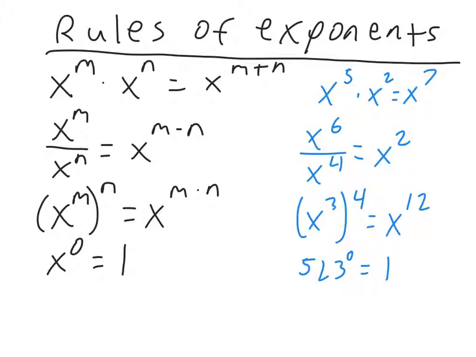Then let's say we have x to the negative m. So it's x being raised to the power that's negative. What that'll do is the negative just means to take the reciprocal of. So you'll flip it, so it'll become 1 over x to the m.